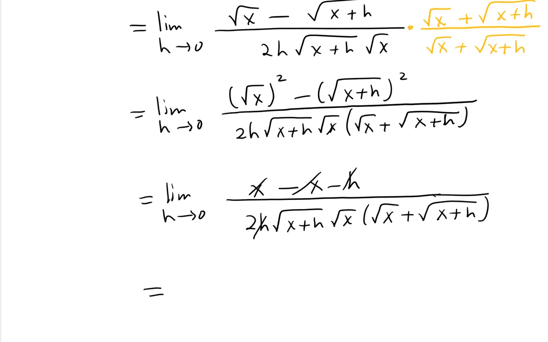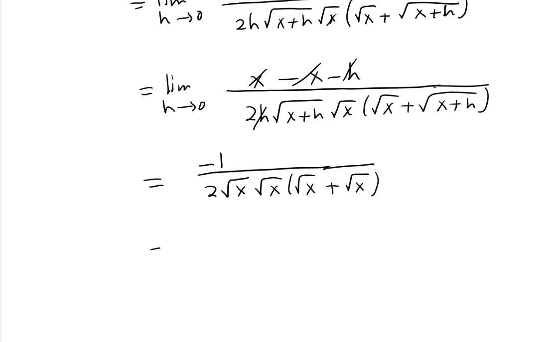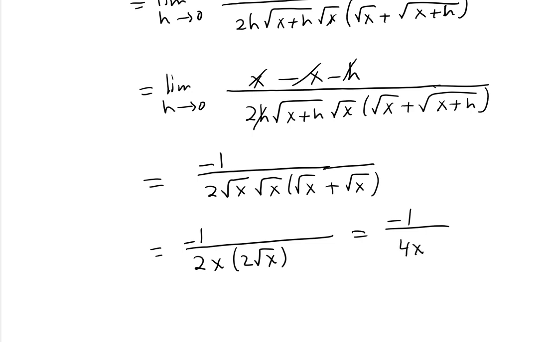If you pass the limit as h goes to 0, you get negative 1 over 2 square root of x times square root of x plus square root of x. That gives us negative 1 over 2x times 2 square root of x, which is negative 1 over 4x square root of x. That's the derivative of that function.